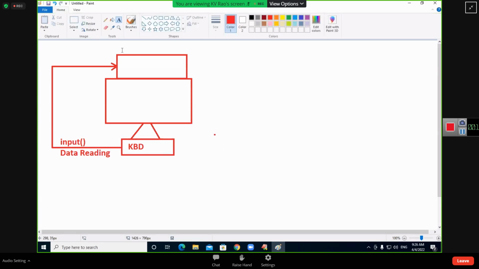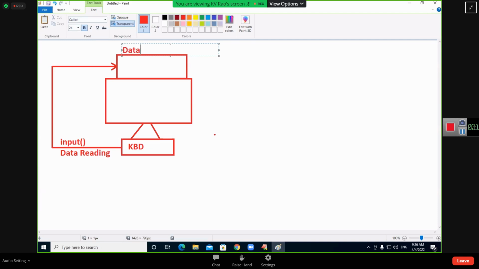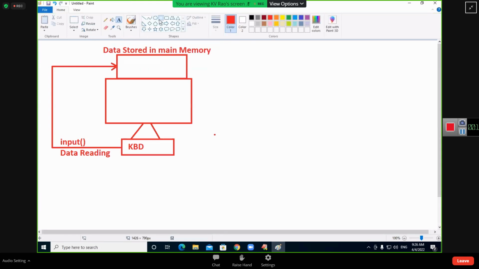This data is stored in main memory in the form of objects.